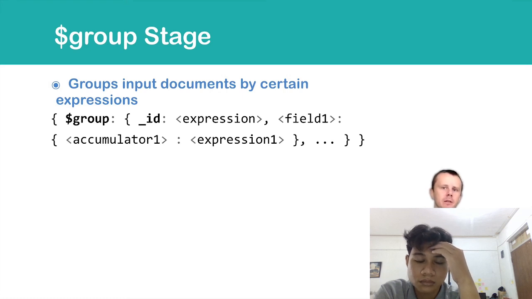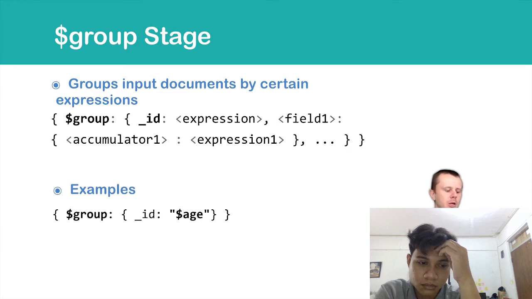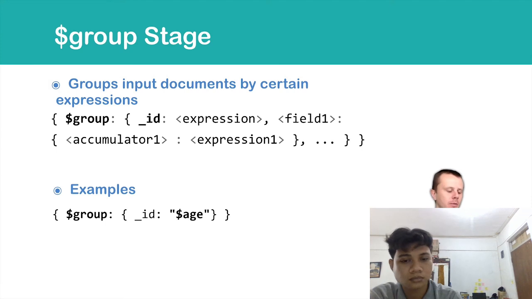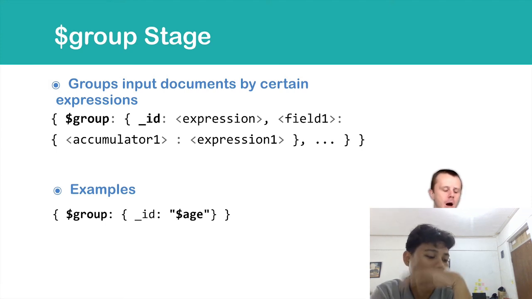It may sound difficult, but let's look at some examples. First example: group, then an object with the key value pair _id, then colon, and $h as a string. In this example, we refer to the h field of the input documents.